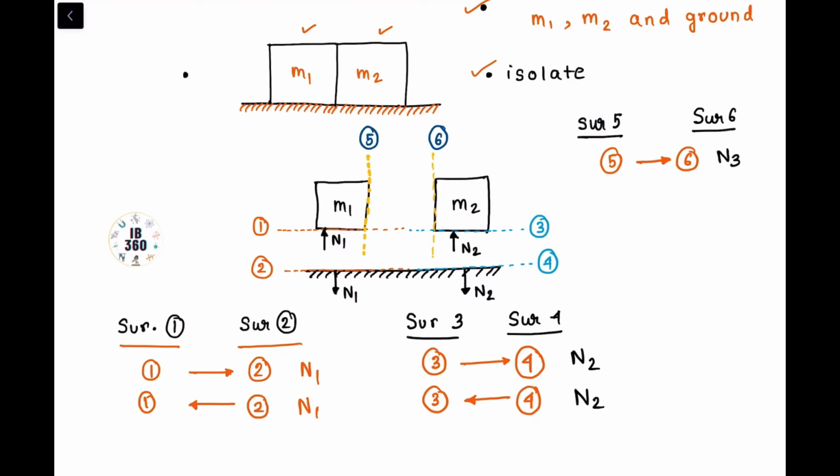Similarly, by Newton's third law of motion, surface 6 will also exert the same force, that is N3, but in the opposite direction to surface 5. So over here this will be our N3 and this will be our N3.